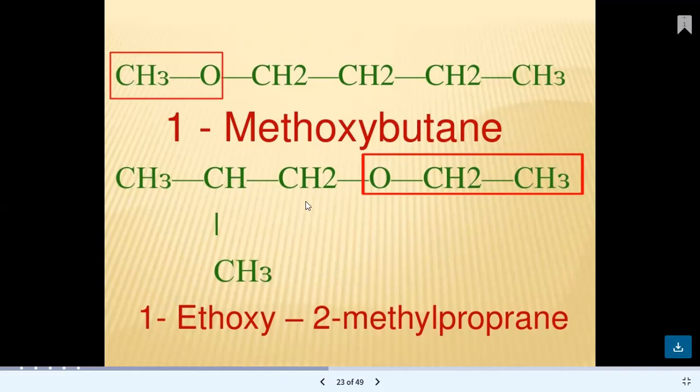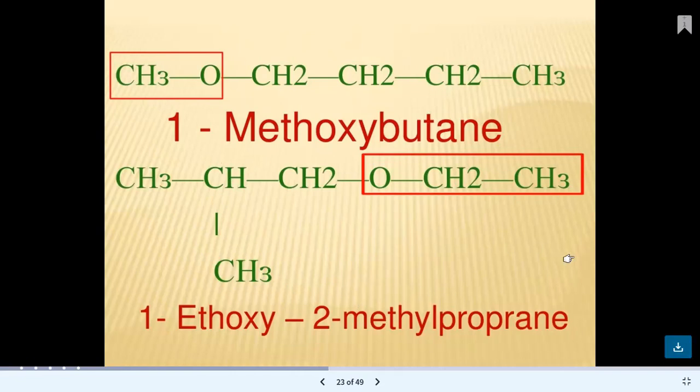So this is what we're going to have, because the propane has the ethoxy attached to carbon number 1, we mentioned it, 1-ethoxy. This could even be in carbon number 2 here. Imagine that this red rectangle is attached to this carbon here. Then that would be 2-ethoxy and then 2-methyl. And we also mentioned the branch that we have here with its number, 2-methylpropane.